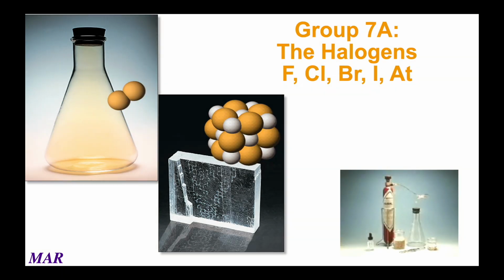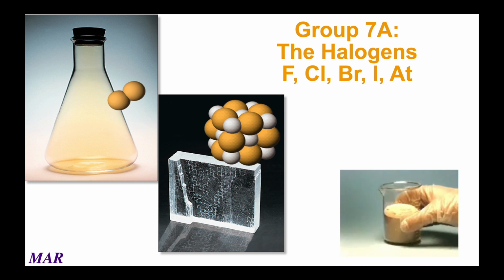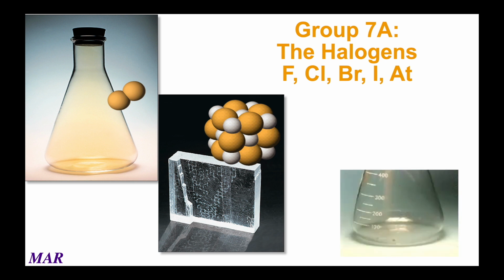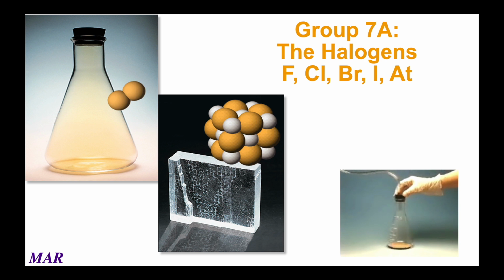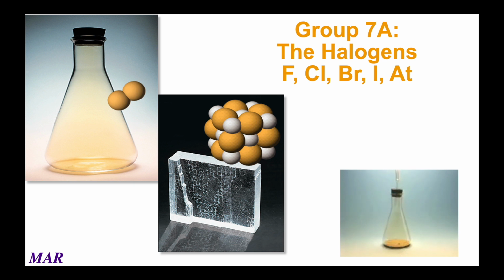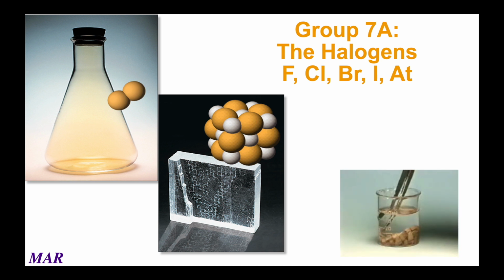The reaction of sodium and chlorine is a vigorous one. We use sand to protect the flask from excessive heat. Then, we fill the flask with chlorine gas. Next, we add sodium.